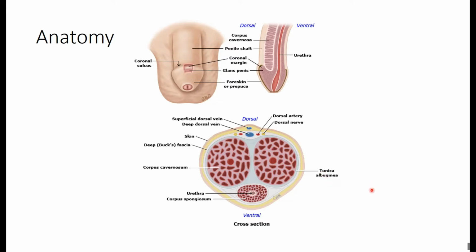During an erection, these chambers fill with blood, resulting in an increase in the size and rigidity of the penis. Each corpus cavernosum has a sheet of elastic fibers called the tunica albuginea, which is made up predominantly of type 1 collagen fibers.